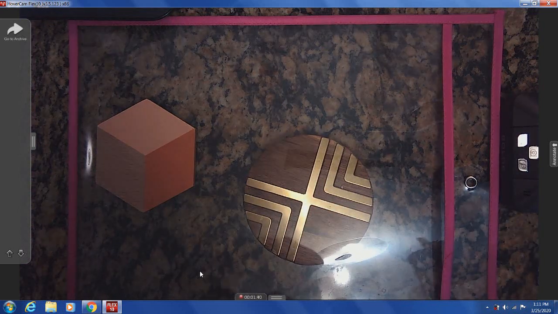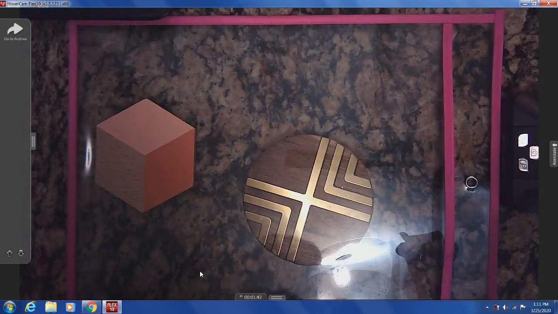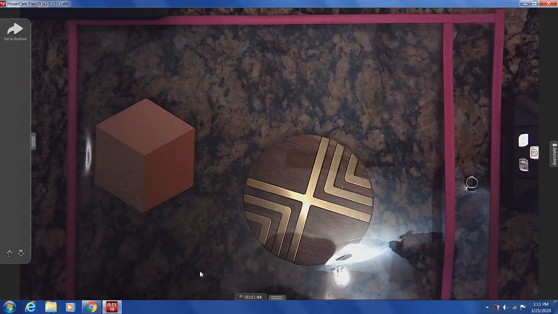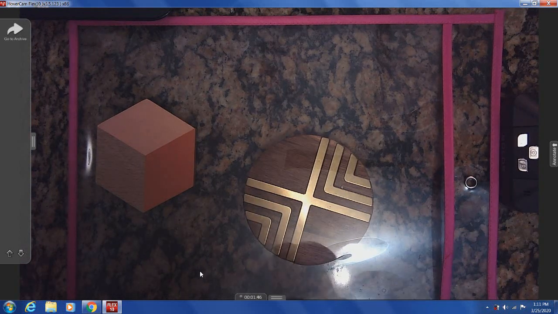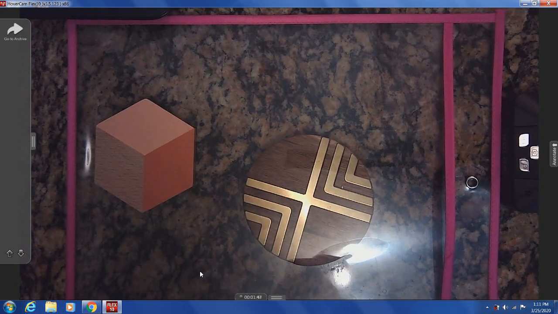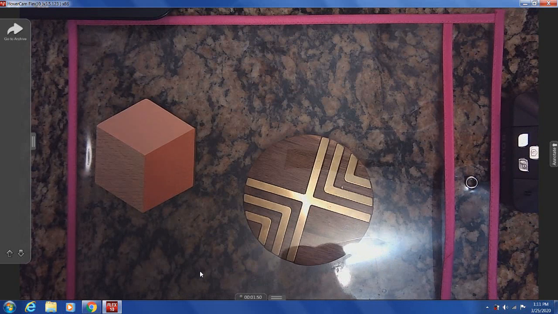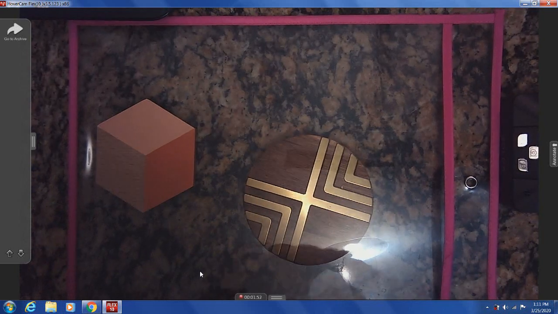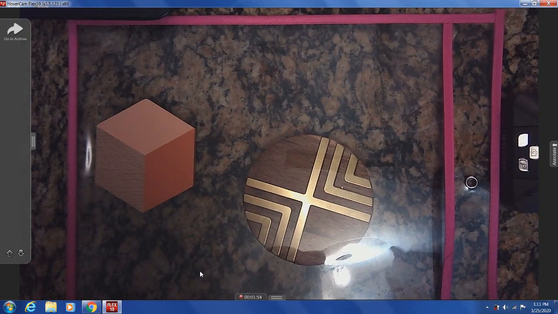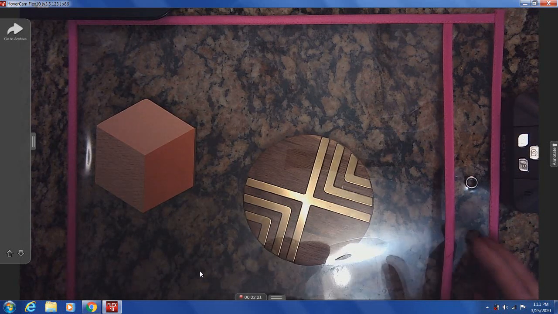So I found these two coasters in my home, and I was looking around my home for something that had symmetry, and something that did not have symmetry. One of them has 2 lines of symmetry, and one of these coasters has 0 lines of symmetry.